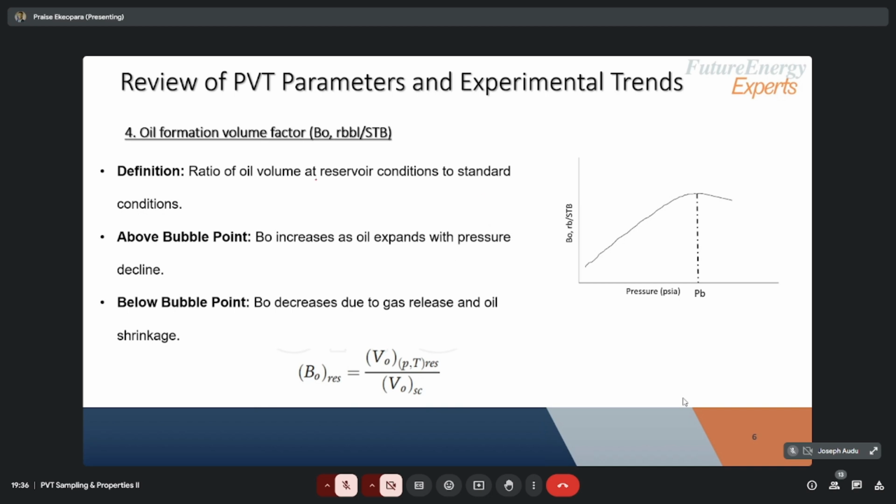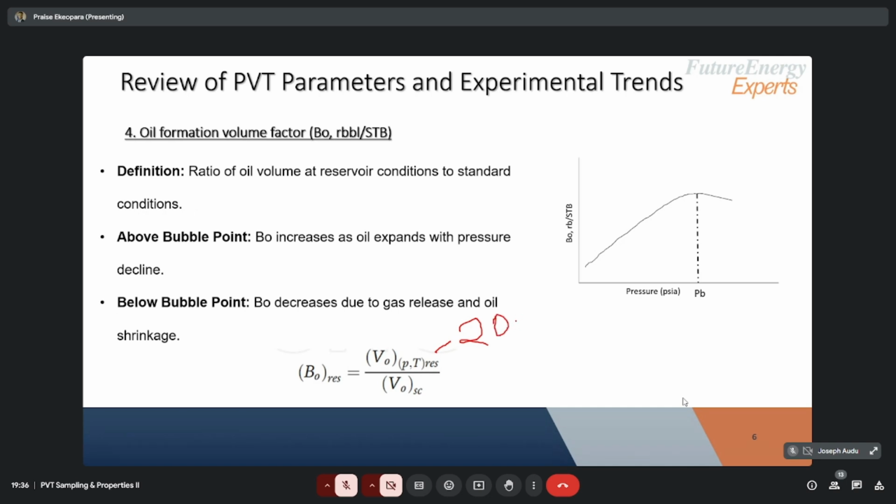So we call it the ratio of oil volume at reservoir conditions to stock tank conditions. What it actually tells us is it relates the volume at the reservoir to what we can get at standard conditions.